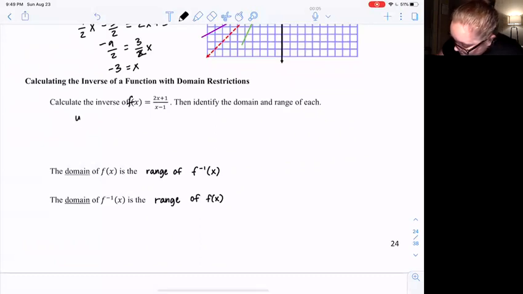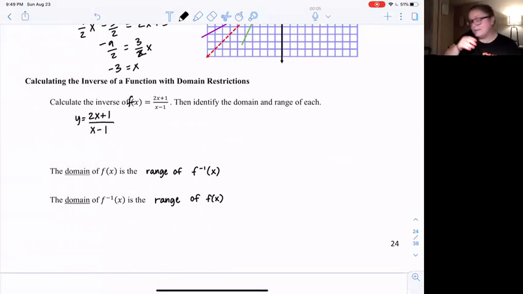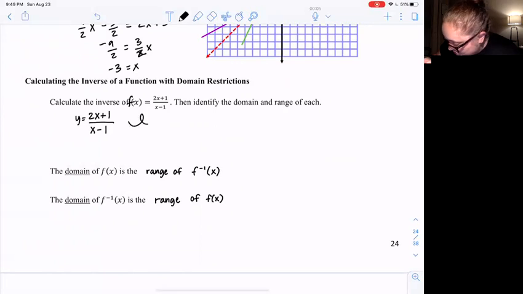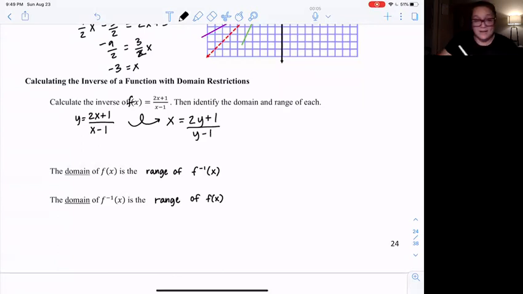First thing we're going to do is write it as y equals 2x plus 1 over x minus 1, and switch that x and y. So I get x equals 2y plus 1 over y minus 1.